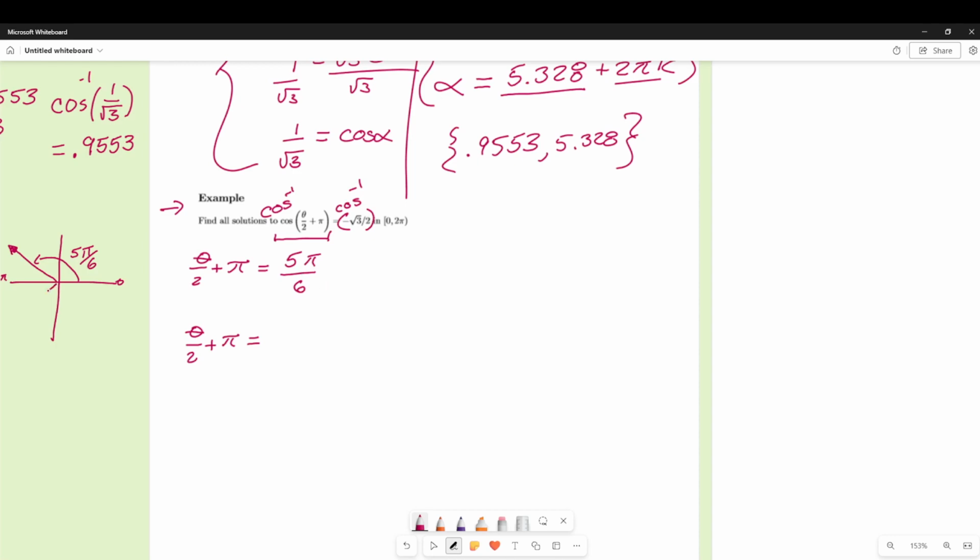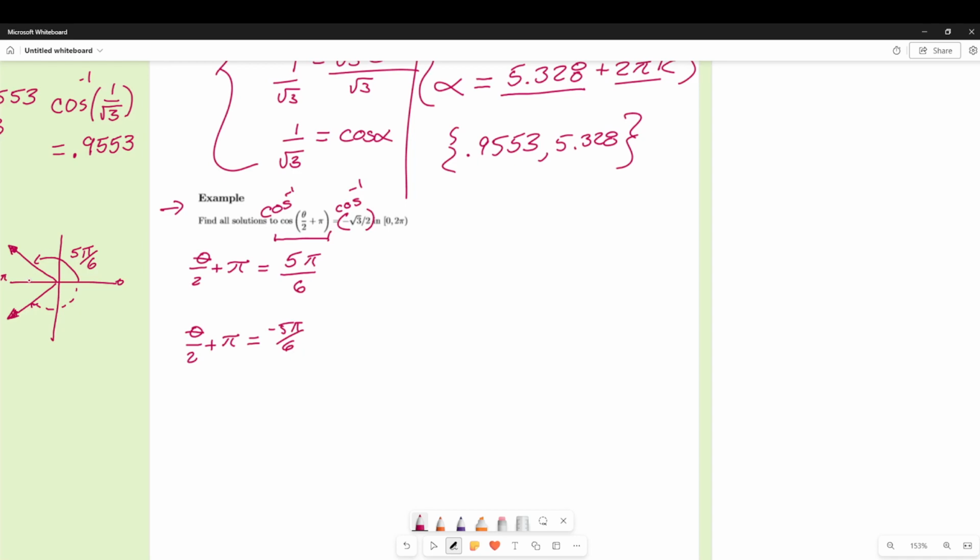So that's going to be down here at some other angle that gives us negative square root of 3 over 2 for cosine. And it should be fairly clear that these angles have to essentially be the same. So we could say negative 5 pi over 6. Again, that only works for cosine.